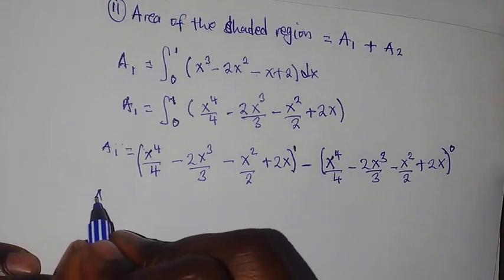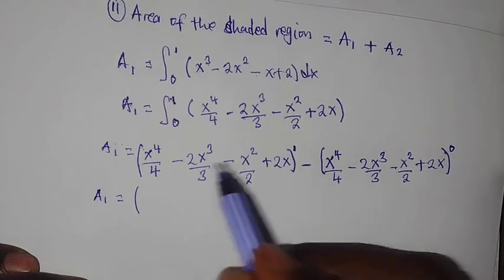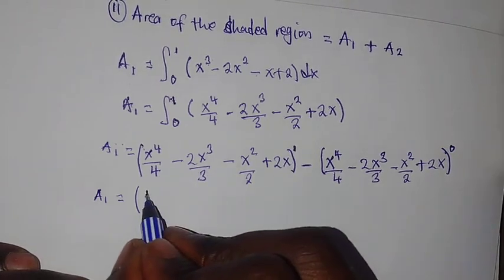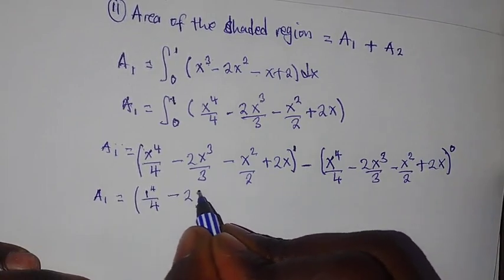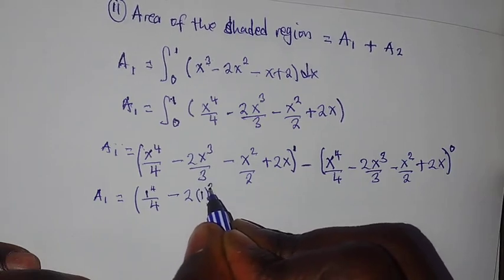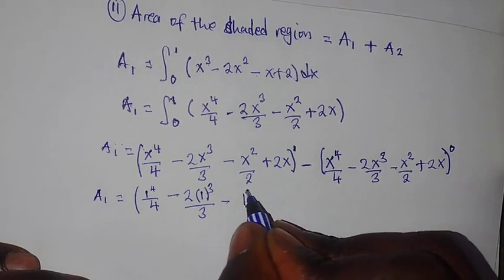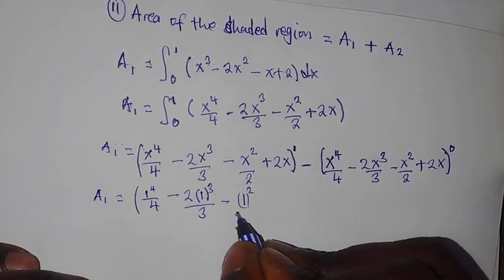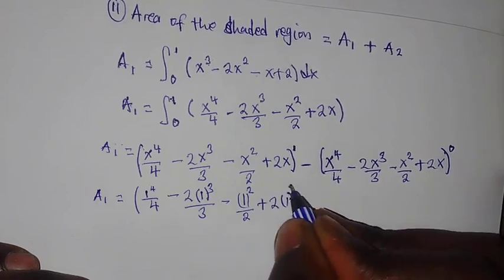So we say area 1 is equal to, so here we are using 1, so where there is x we are going to put 1, which will be 1 power 4 over 4 minus 2, then 1 power 3 over 3 minus 1 power 2 over 2 plus 2 and then a 1.